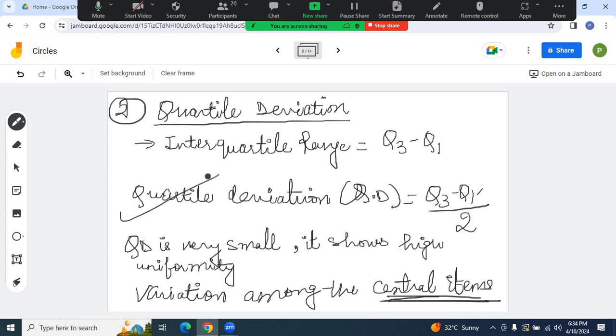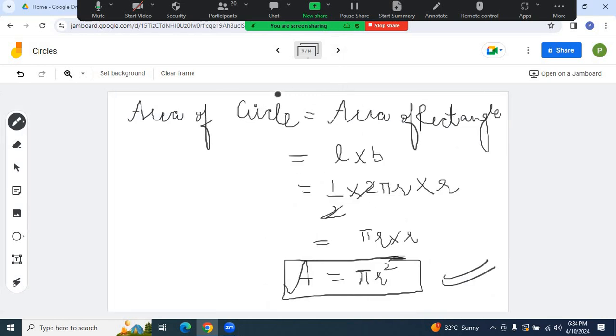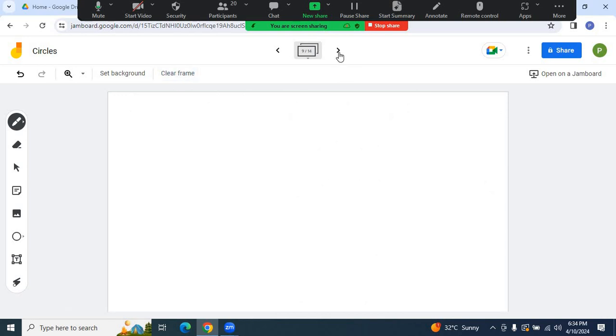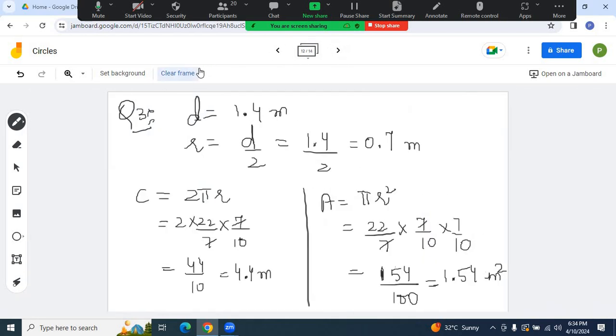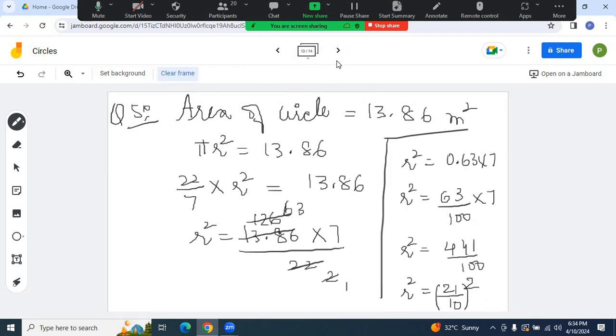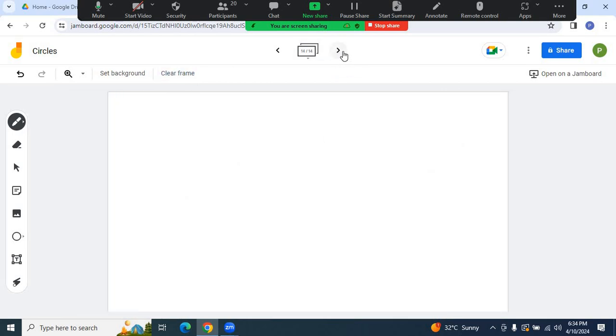So this was the quartile deviation formula. Another is the coefficient of quartile deviation.